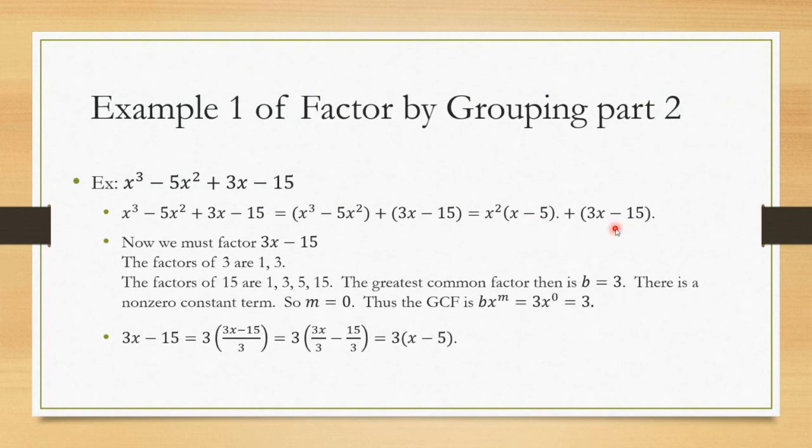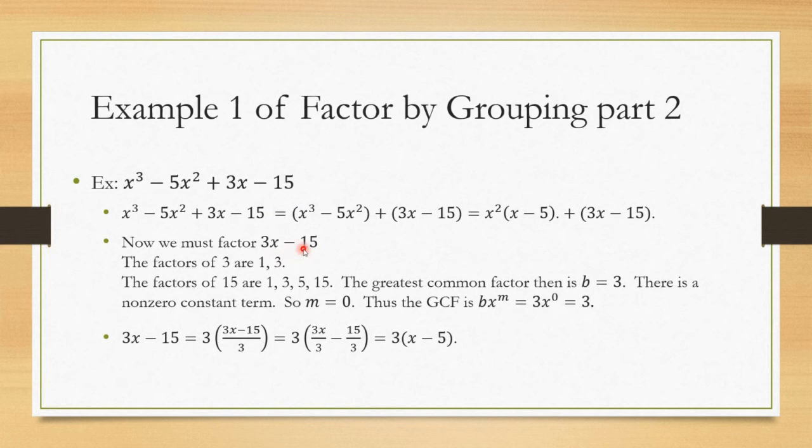For the second group, right, we'll notice that, well, if we look at the coefficients and the constant term, 3x and 15, well, okay, so what are the factors of them? I mean, notice right away, the smallest exponent of x is 0. Right? You can't factor out x. There's a constant term here, a non-zero one.